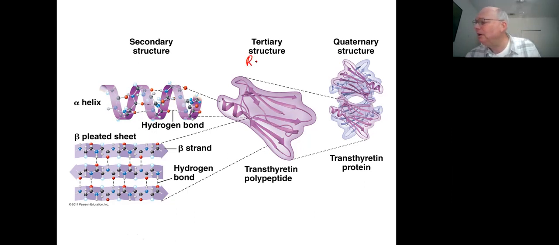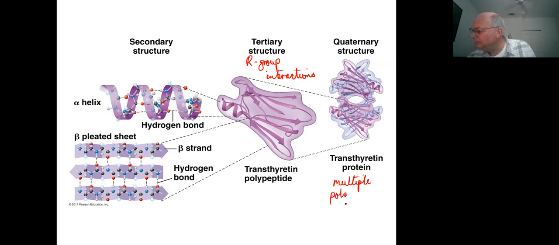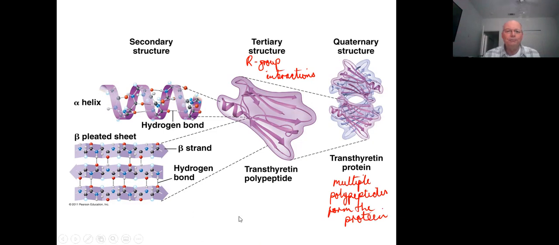So let's put in here R group interactions, just as a reminder. And then remember again, if it requires multiple polypeptides, we have quaternary structure, multiple polypeptides forming the protein.